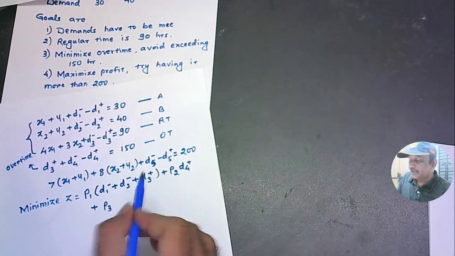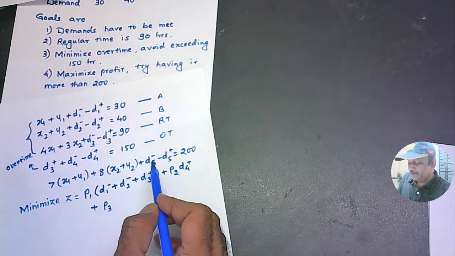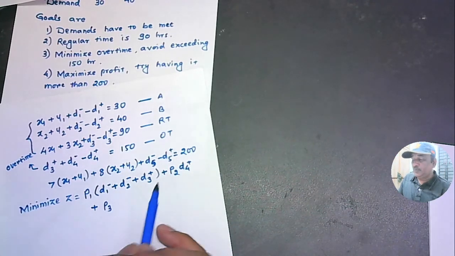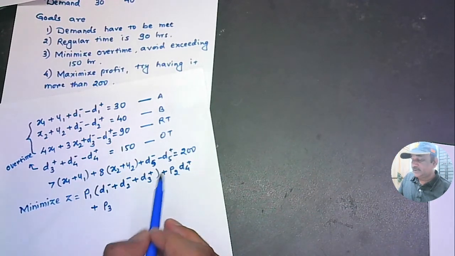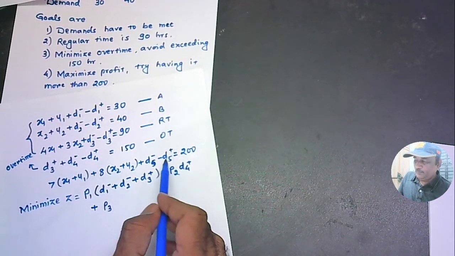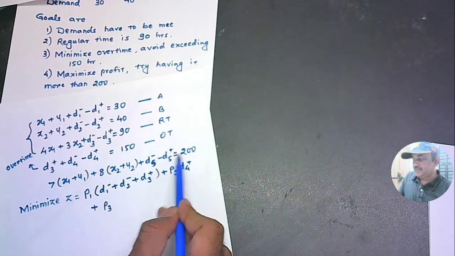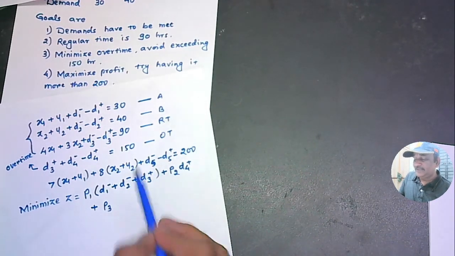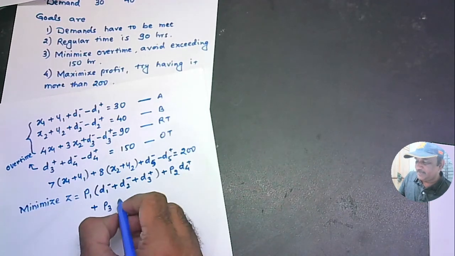Now, what will multiply P3, D5 minus or D5 plus? D5 plus is better for you, as a higher value indicates higher profit, so you want to minimize the other part, D5 minus.